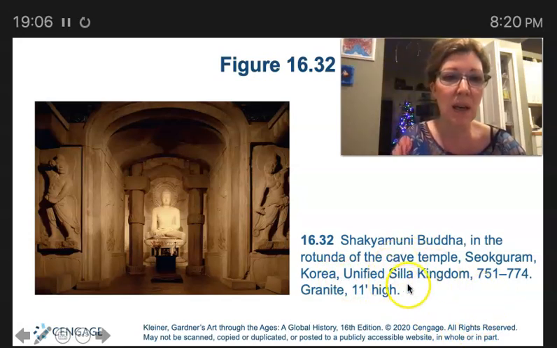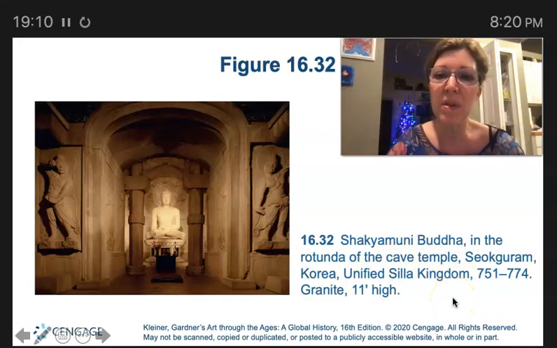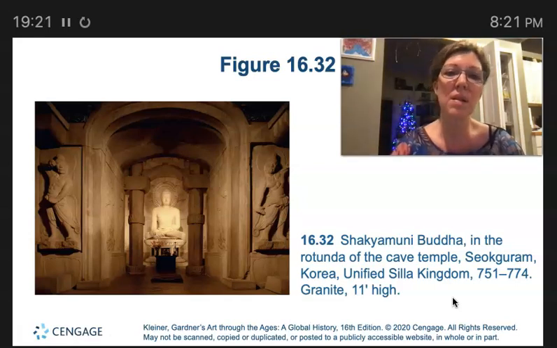The Silla rulers, this Silla kingdom, their perception of the Buddhist temples they built in and around their capital city, Gyeongju, is one of supernatural defenses. So that doesn't sound too surprising, looking at what we've seen in the past supernaturally.